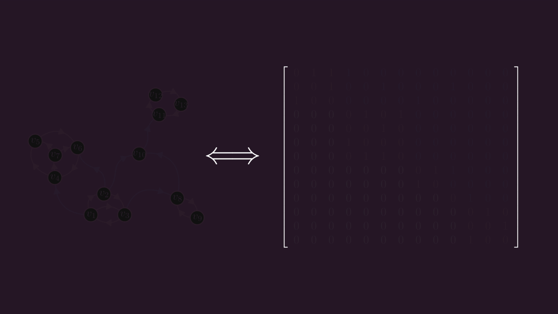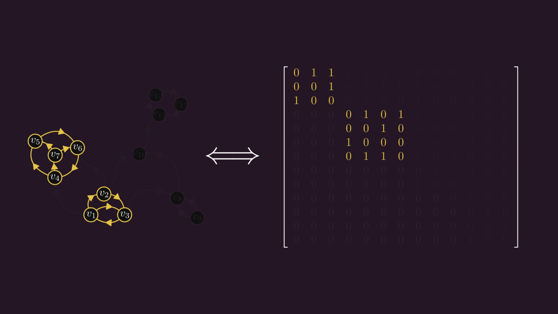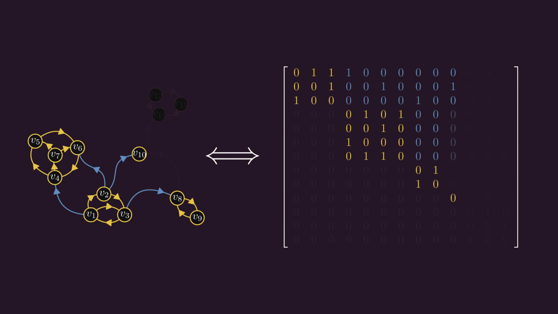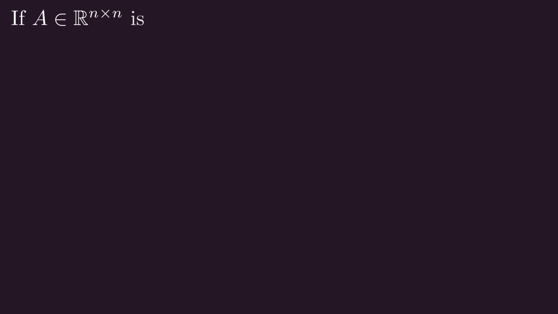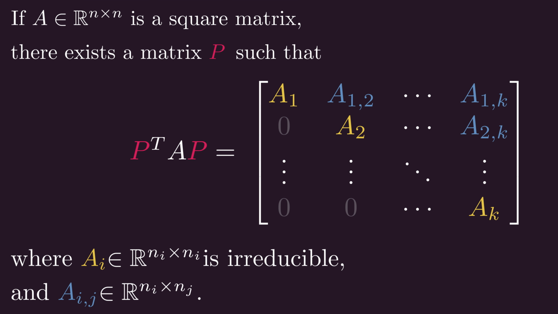First, we have the edges of the first component, of the second component, from the first to the second, of the third component, and so on. With that, we have proven that every non-negative square matrix can be transformed into Frobenius normal form. P is simple to construct. It's just the permutation matrix corresponding to the relabeling of the underlying graph.